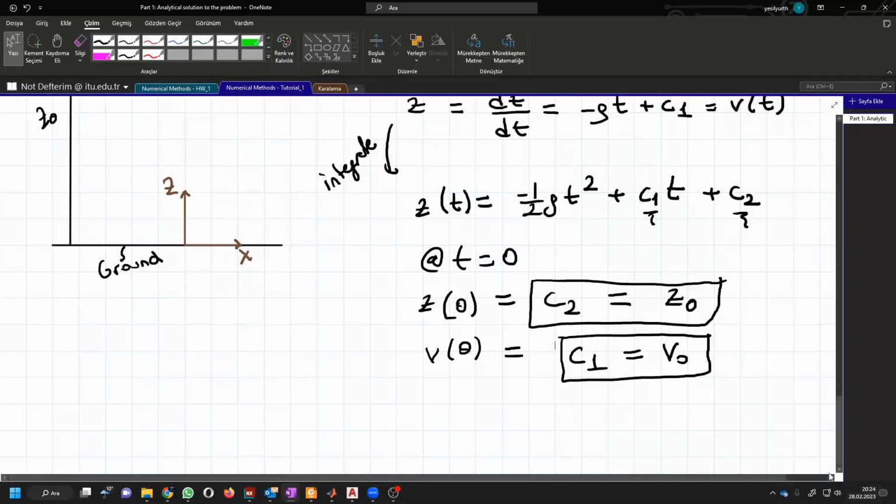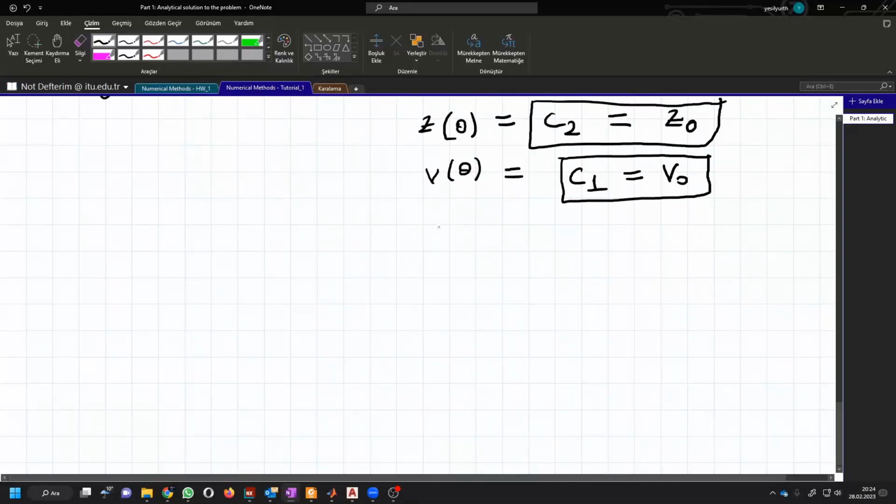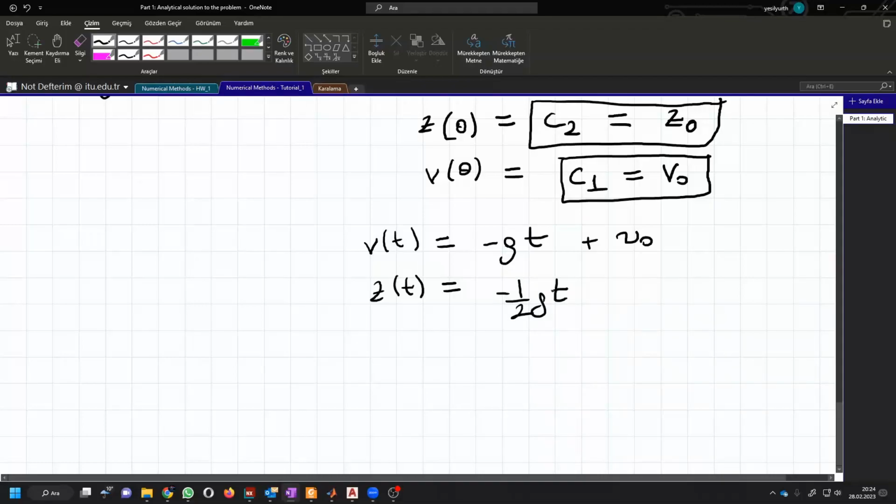My whole solution will be like this. V of t will be equal to minus g times t plus v0, and z of t will be equal to minus 1 over 2 g times t square plus v0 times t plus z0.